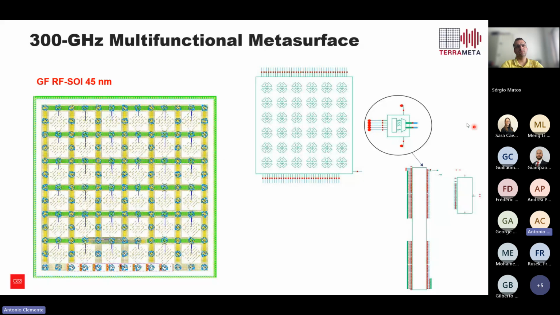What is nice in this kind of IC is that we can directly integrate at the bottom, you can see here, the logic circuit and the memory to control the full IC. So at the end, we need only the DC voltage for control, and all the memory is directly integrated in the IC.